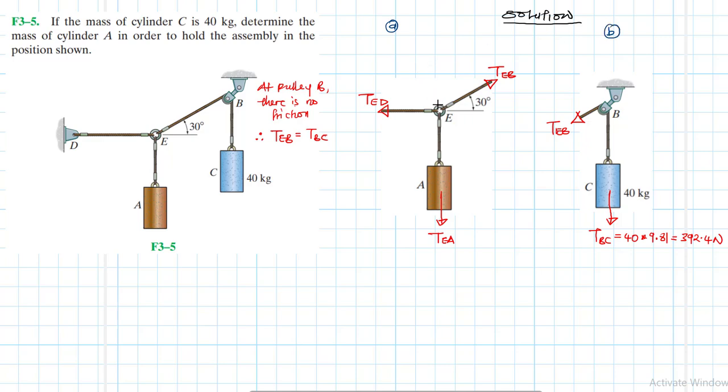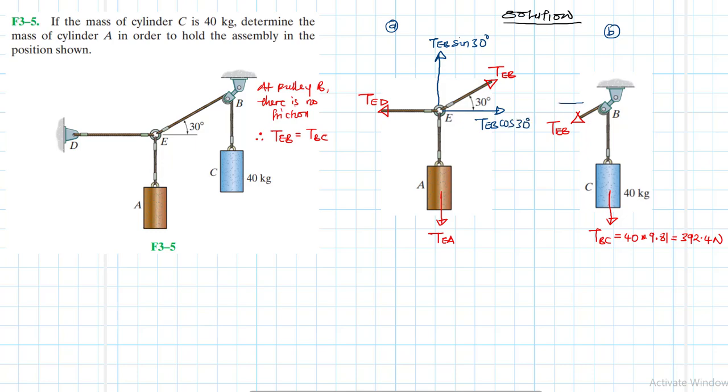So on free body diagram A, we are going to have these components that we use later on. Vertical component of TEB, so this one is TEB sine 30. Then we expect another component in this direction, which is TEB cos 30.